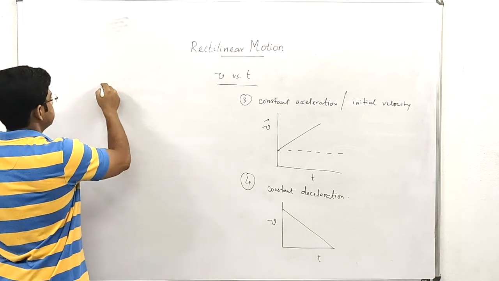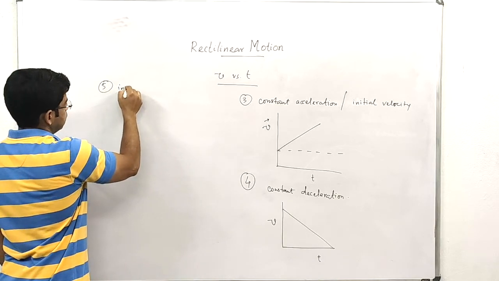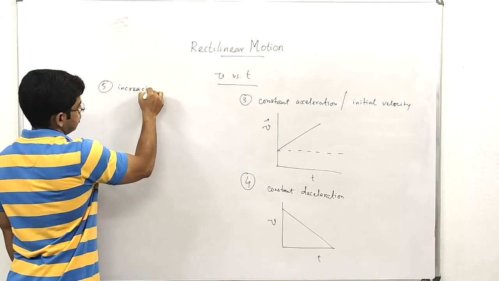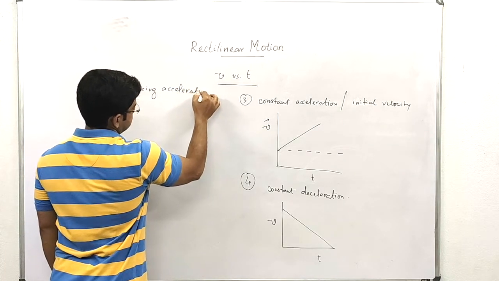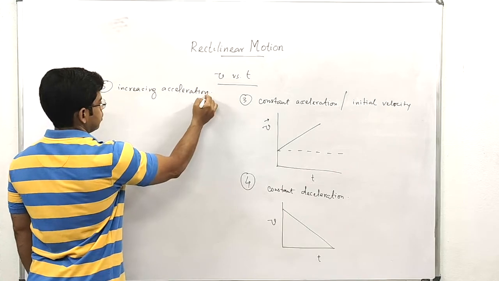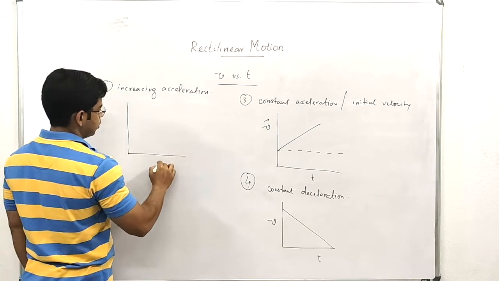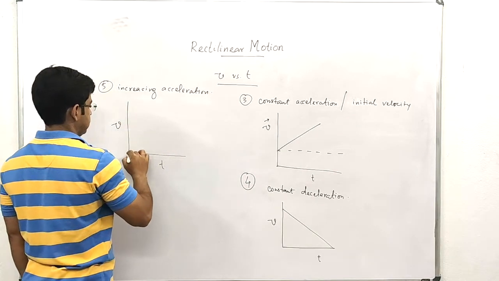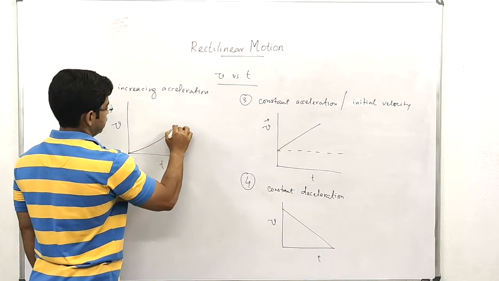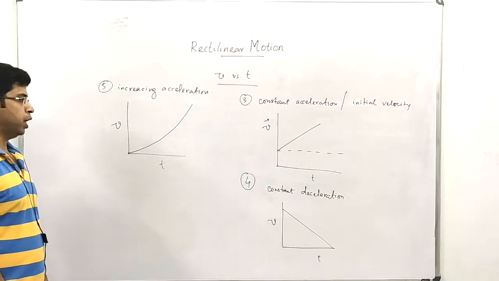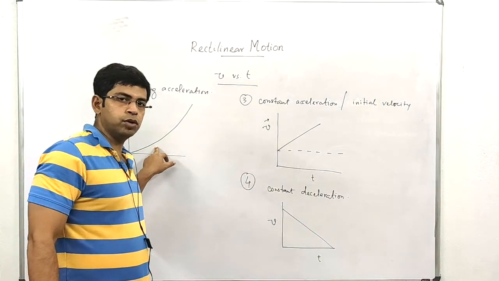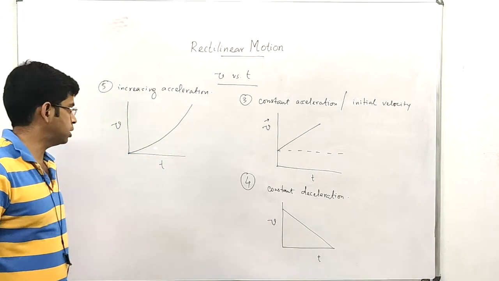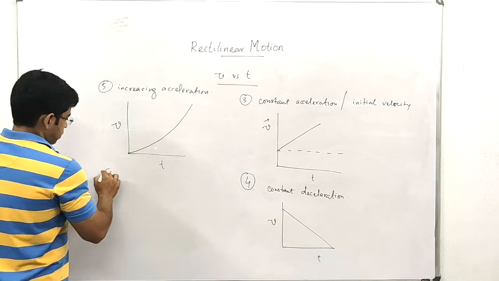The fifth case is increasing acceleration. Here the v versus t curve will be of increasing slope. At each time instant, again the slope of the curve will give the value of that instantaneous acceleration. 6.